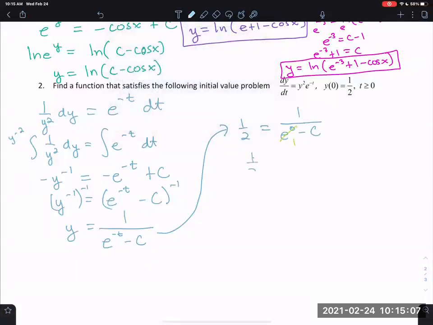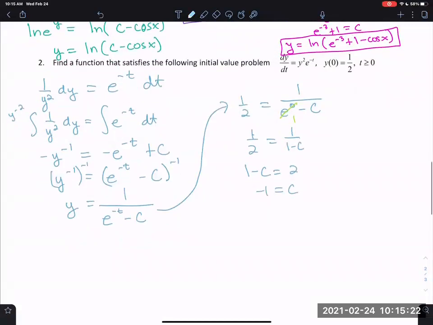So I've got 1/2 equals 1 over 1 minus c. 1 minus c equals 2. C is negative 1. Okay.